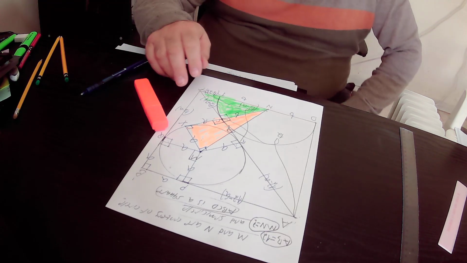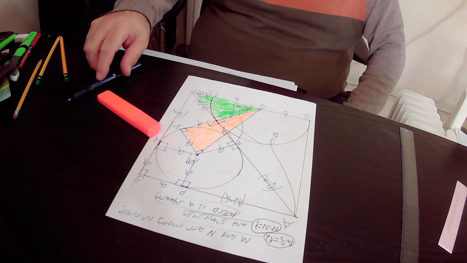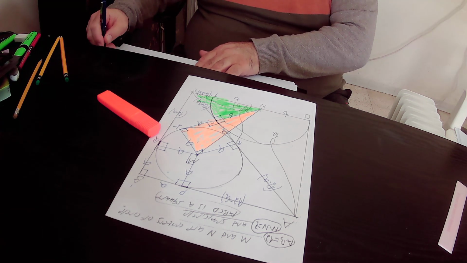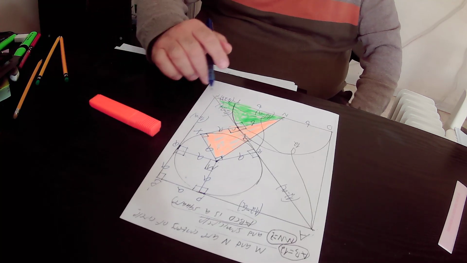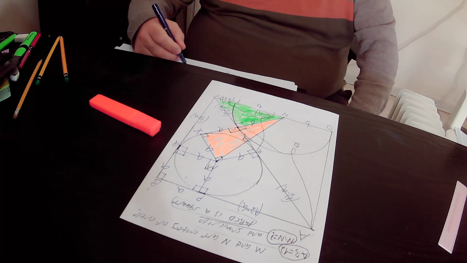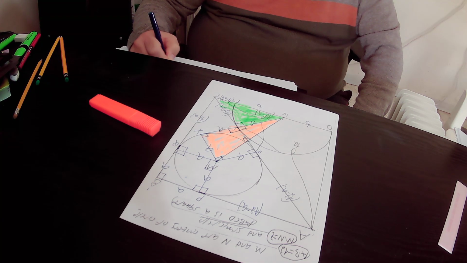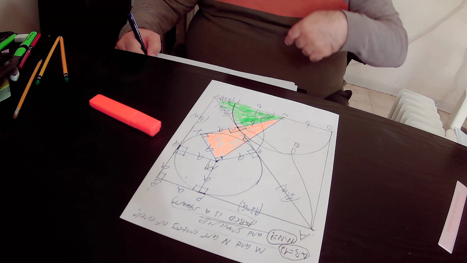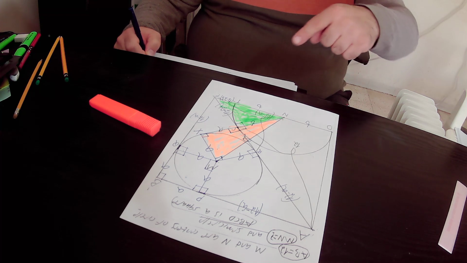According to the Pythagoras theorem, the square of the hypotenuse equals the sum of the squares of the perpendiculars. The hypotenuse is MN, so the square of the hypotenuse is MN squared. And it must be equal to the sum of the squares of the perpendiculars, that is to say, MX squared plus XN squared.